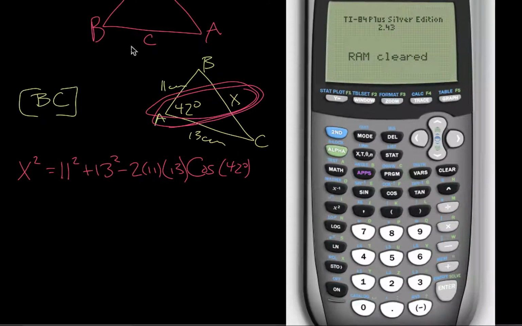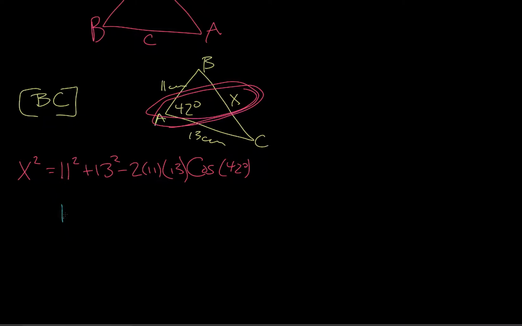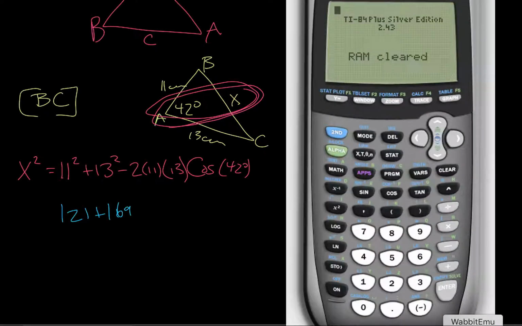Okay, so we're going to square first these two things, as well as multiply these numbers out. So that's going to be 11 squared, 121, plus 169, 13 squared. And then we're going to get negative 2 times 11 times 13. I said 3, I meant 13.